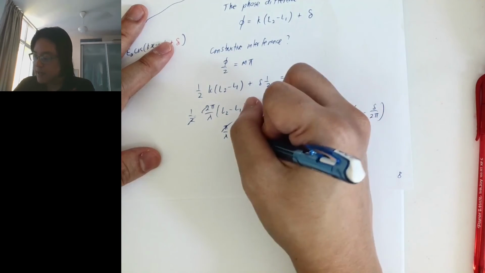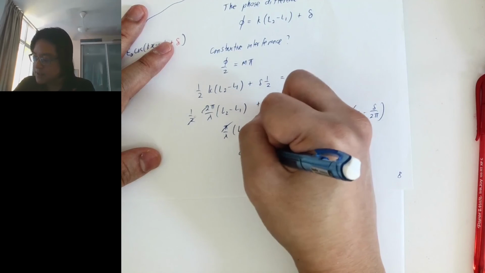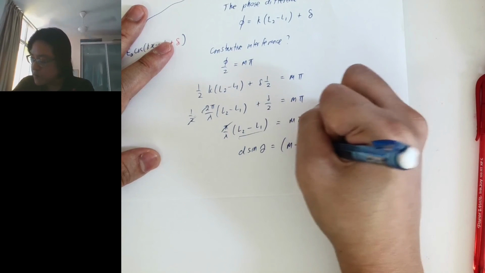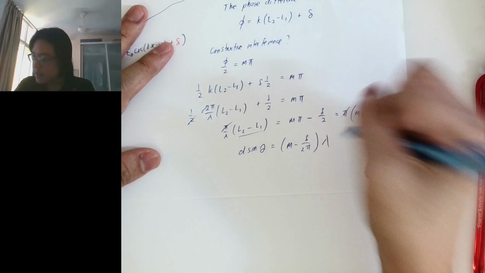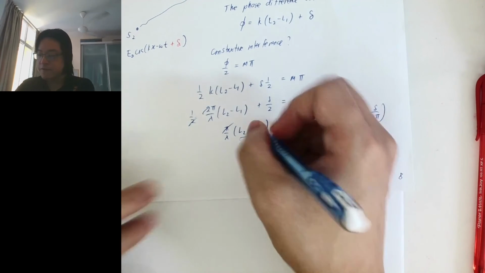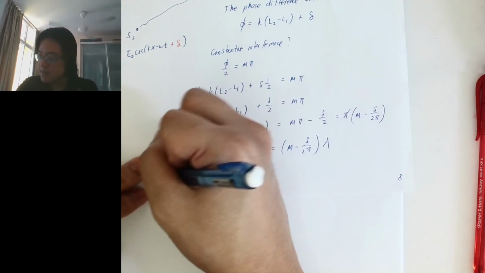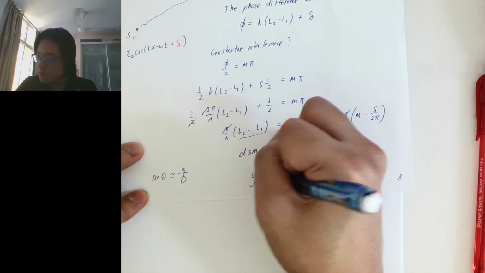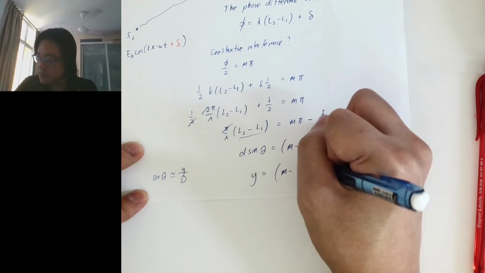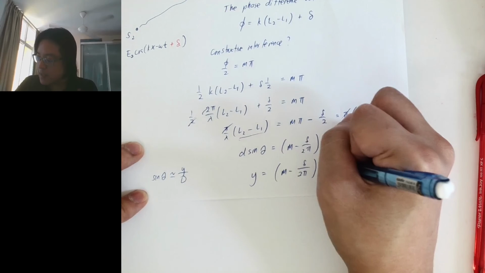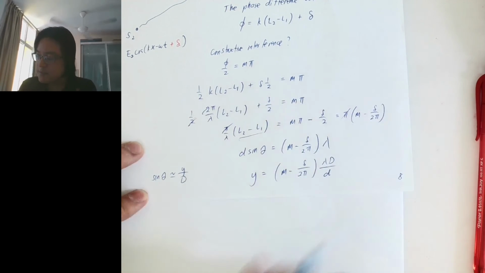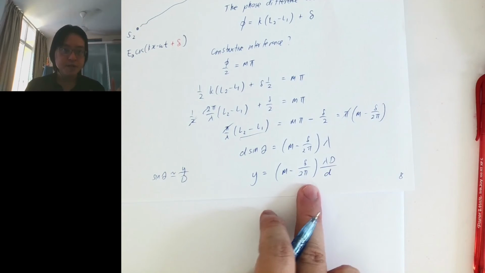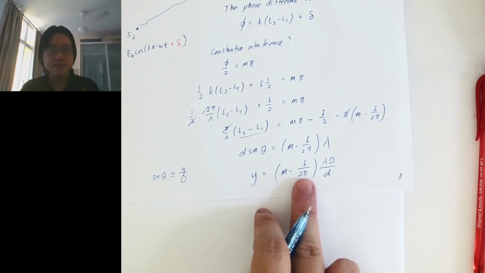L2 − L1 is d sin theta, so d sin theta is (m − delta over 2 pi) times lambda. This is my new formula. If I take sin theta approximately y over the distance, then I find my formula for y as well, which is delta over 2 pi times lambda times distance over the small d. So the interference pattern has now shifted by this amount.